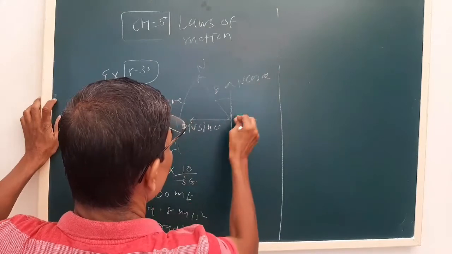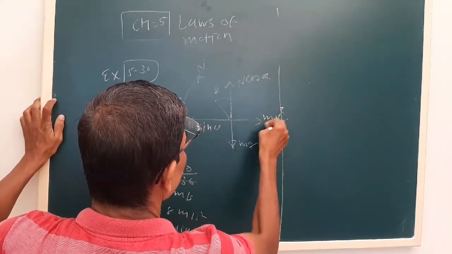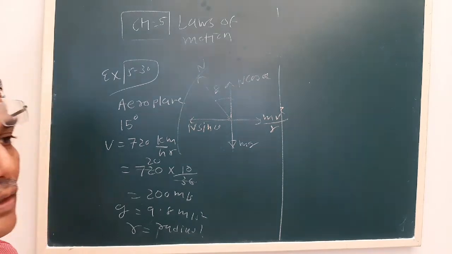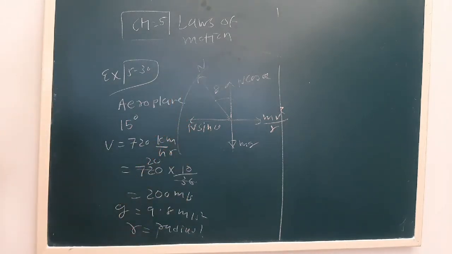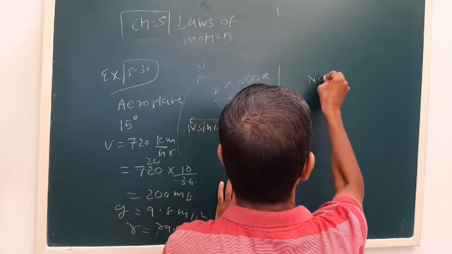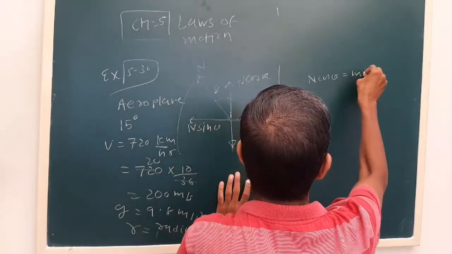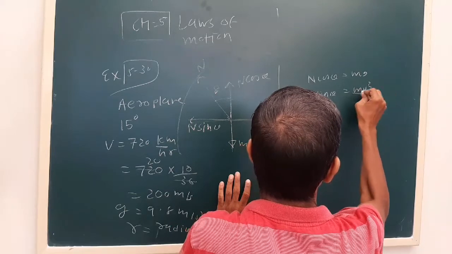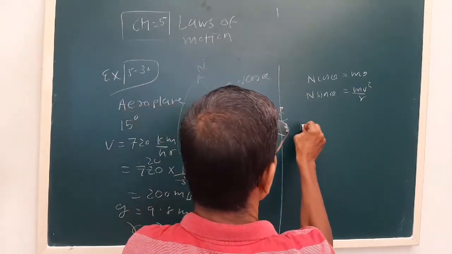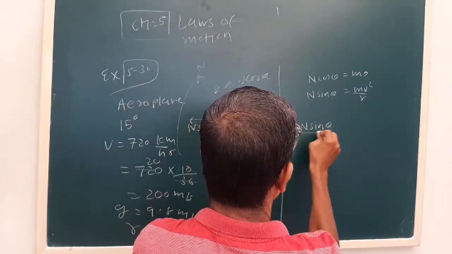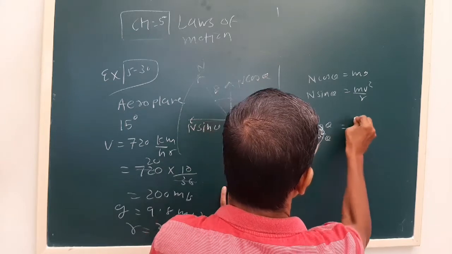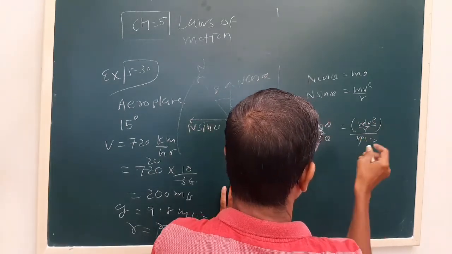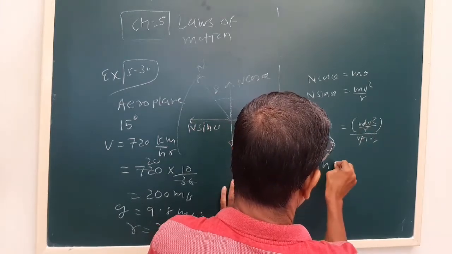Now again it is a circular path, so the centripetal force will be mv square by r. We compare the forces: N cos theta is mg and N sin theta is mv square by r. If I take the ratio, N sin theta upon N cos theta, we get tan theta.